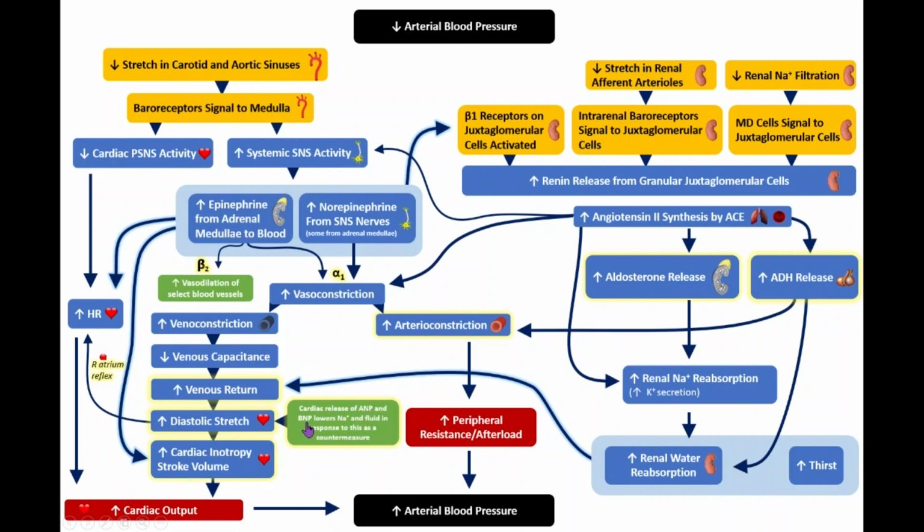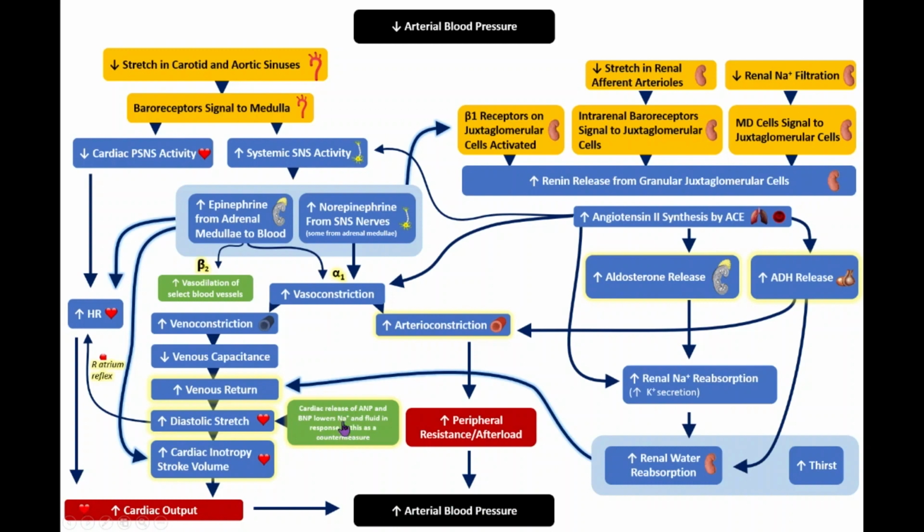Those are special peptides released directly from the heart when it's got too much fluid in it. Those actually try to work against all these other things because they cause sodium excretion from the kidney, so through the urine, and they cause vasodilation. These don't completely counteract everything, otherwise you'd never be able to regulate your blood pressure if it got low.